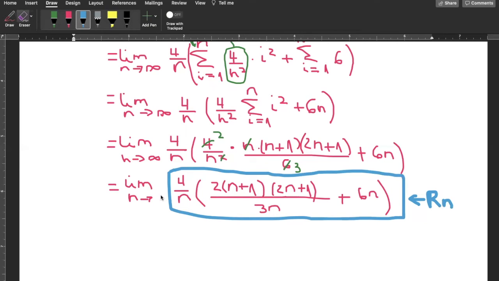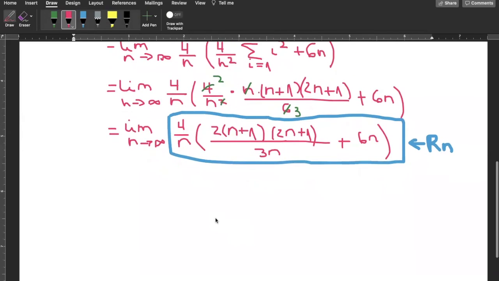And now let's just find the limit. So what we'll do for the limit is we'll just distribute, take a common denominator and just try to find what the limit is. So that would be 4 over n times.